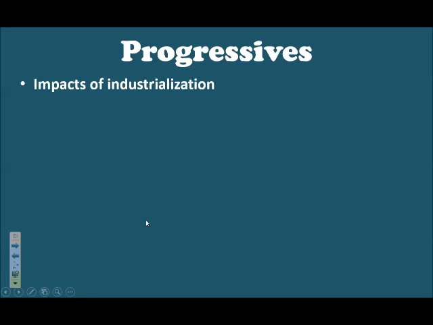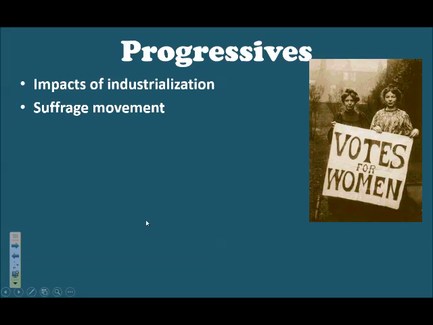But within America, the suffrage movement grows quite a bit. We had women who were going to work in factories but still weren't given equal rights. So pushing for universal suffrage, in this case meaning all adults, not just white men, this becomes really important, especially for people like Elizabeth Cady Stanton and Susan B. Anthony.